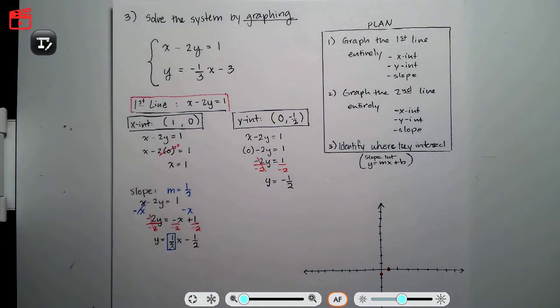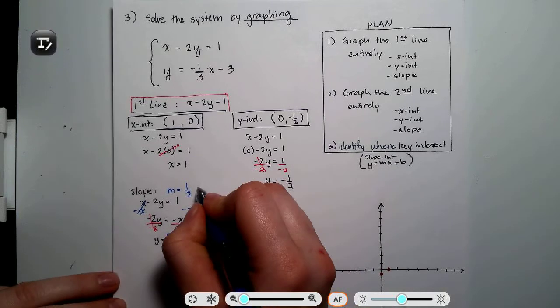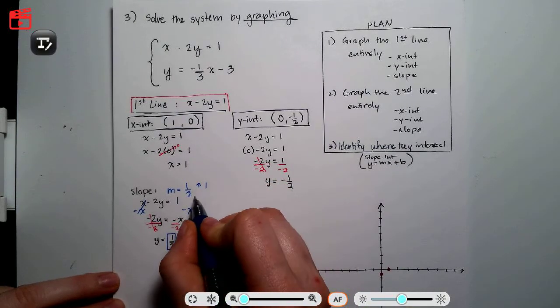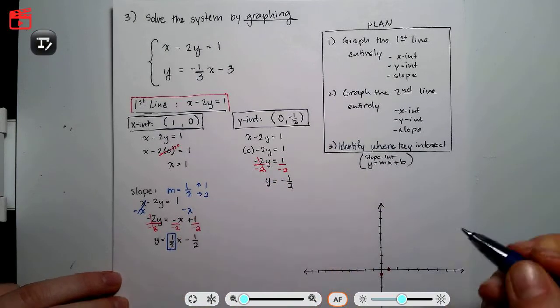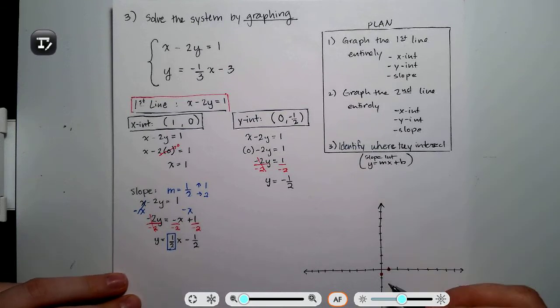And how is that useful to us? Well, with our slope, we can start at any point. So we could start at this point or this point, and we will count up our rise. So rise 1, and then our run, right, 2. So I will start with my x-intercept, because this one's kind of weirdly not really on a tick mark.